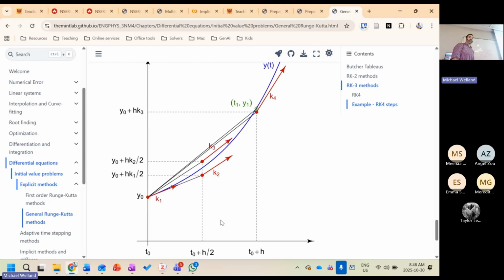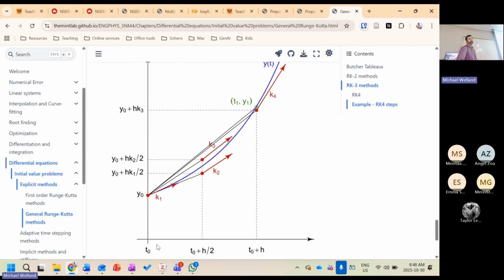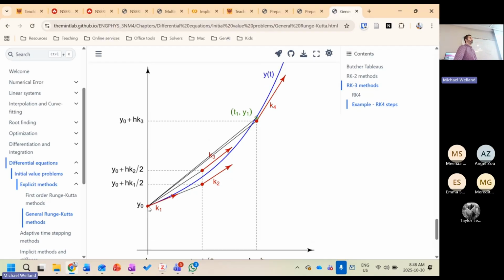So the way it works is that I want to get from t0 to t0 plus some delta t. I have my current value. I'm going to find the right-hand side of my equation over here, and I'm going to calculate my first slope. That's going to be k1. I'm going to take a step from my first point all the way over this slope. And then I'm going to repeat that. I'm going to turn the crank again and find a new slope. That's going to be k2.